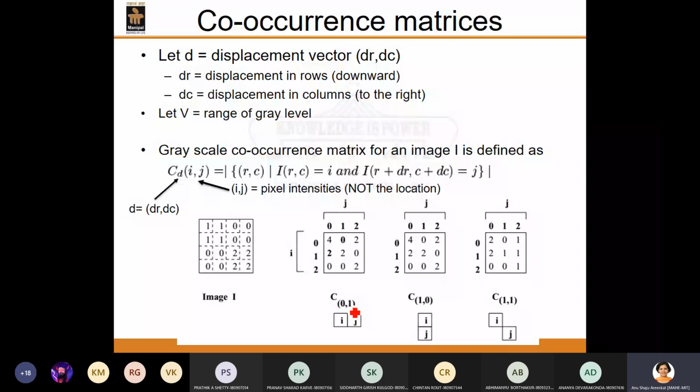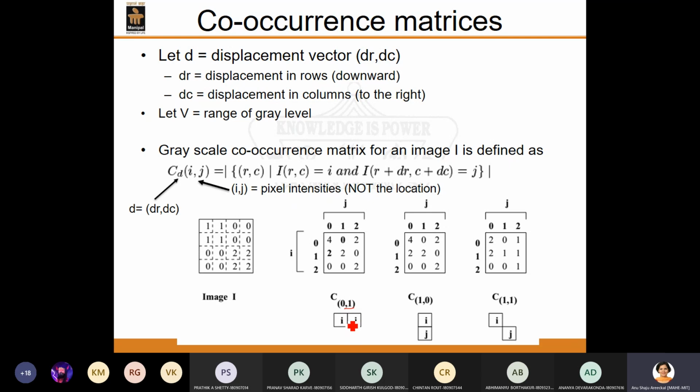For example, as we saw in the previous slide, 0, 1 represents I and j placed together this way: I is here, j is here. So the displacement along the rows is 0 and along the columns is 1.